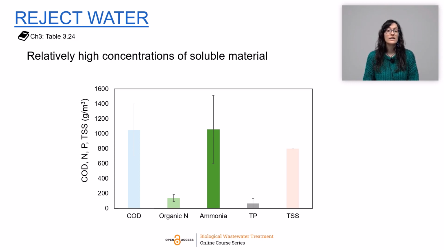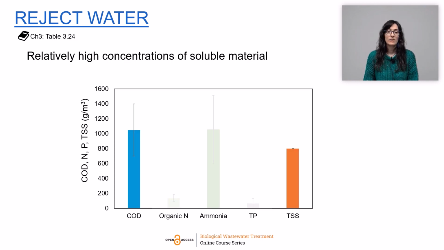The organic nitrogen concentrations can oscillate between 1 and 200 grams per cubic meter, more or less, and suppose a much lower fraction compared to the ammonia concentrations. The average COD concentrations are around 1,000 grams per cubic meter, and the total suspended solids can be also high, with average values of 800 grams per cubic meter.